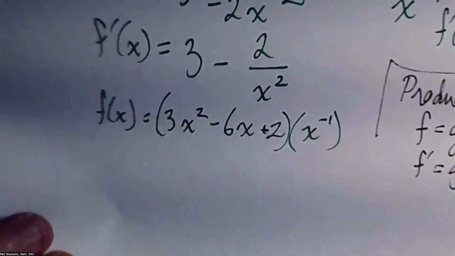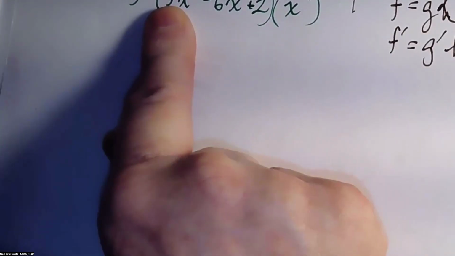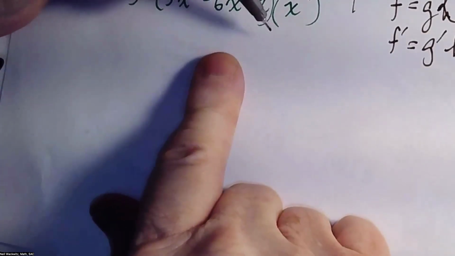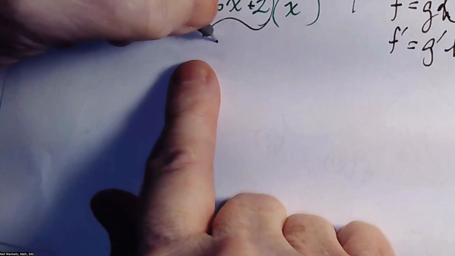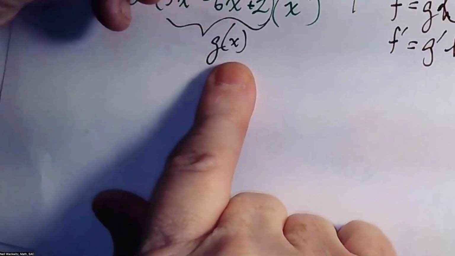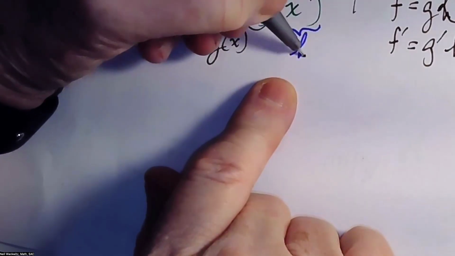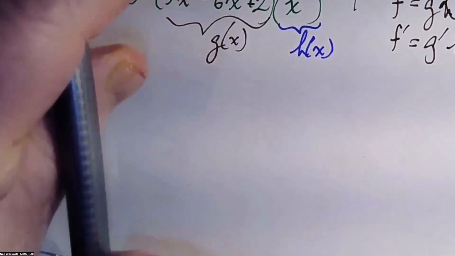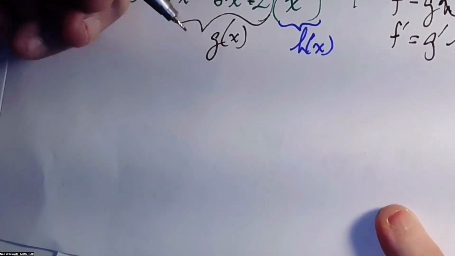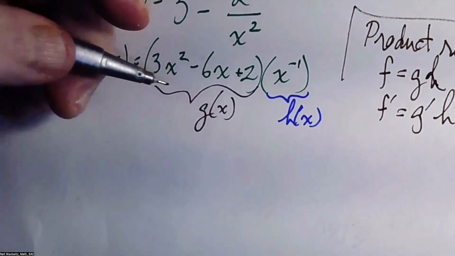Okay, groovy. Let's call this first factor g of x, the second factor h of x. We need to find g prime and h prime.